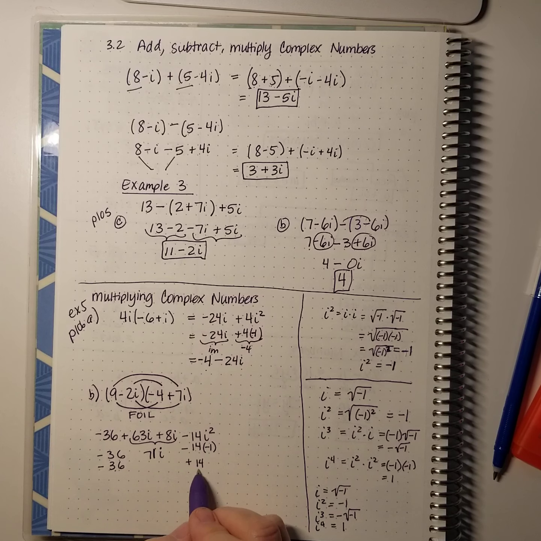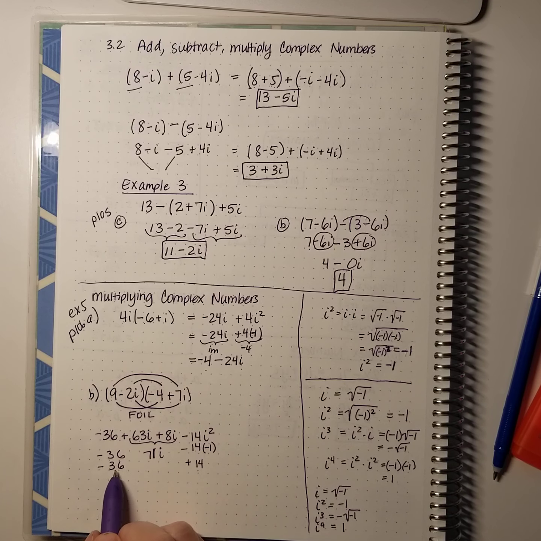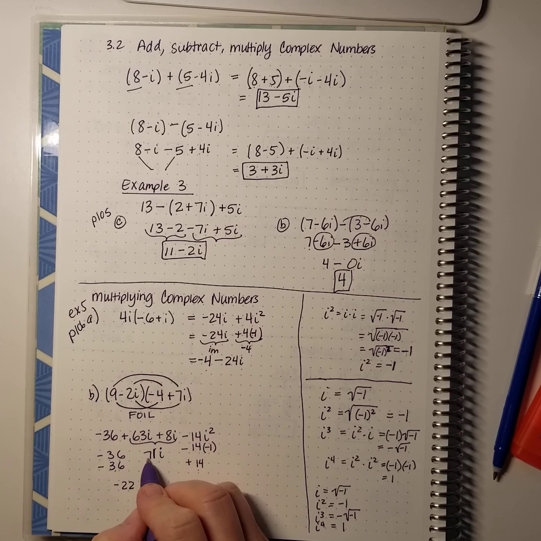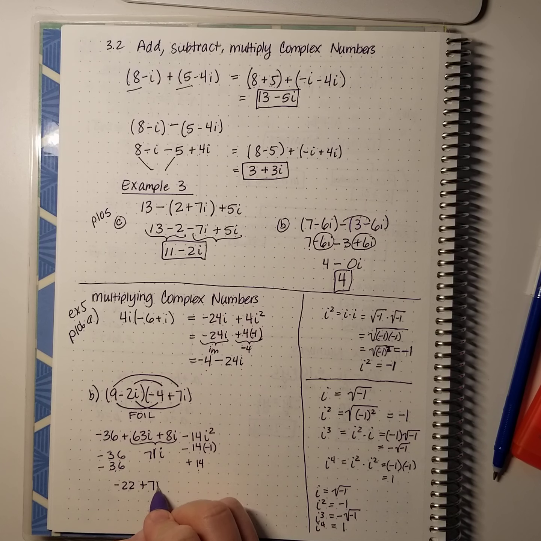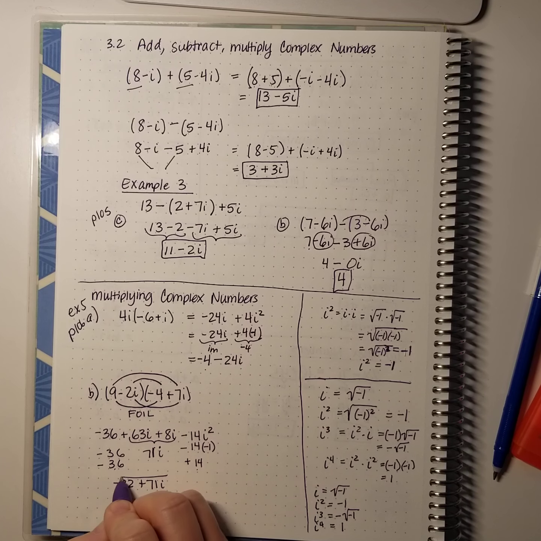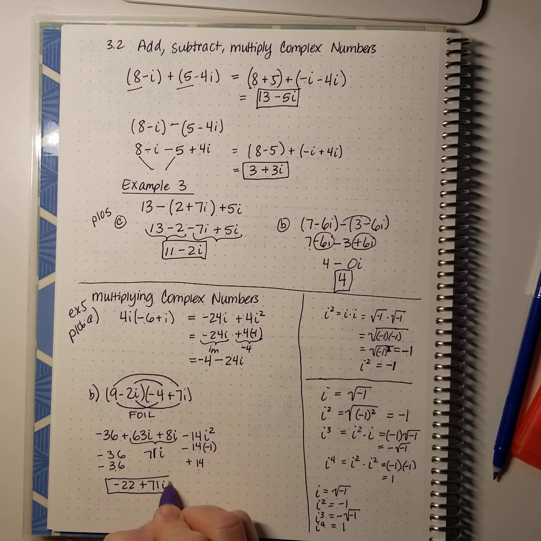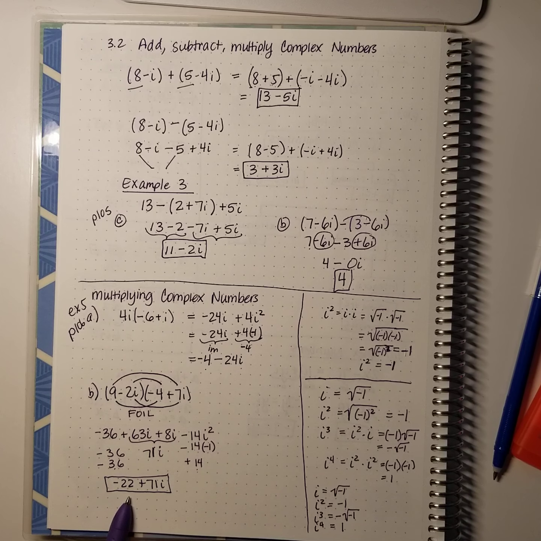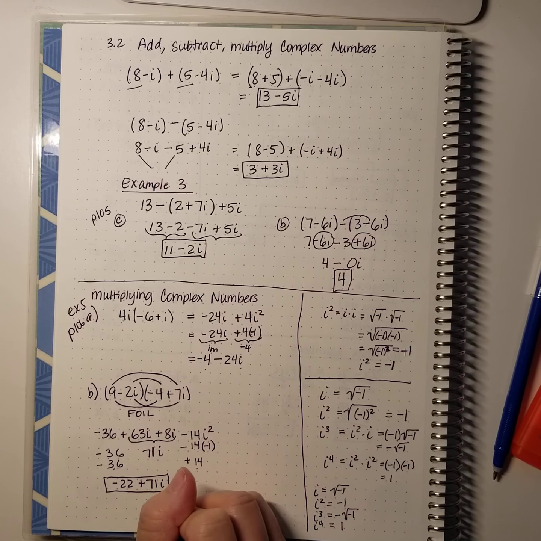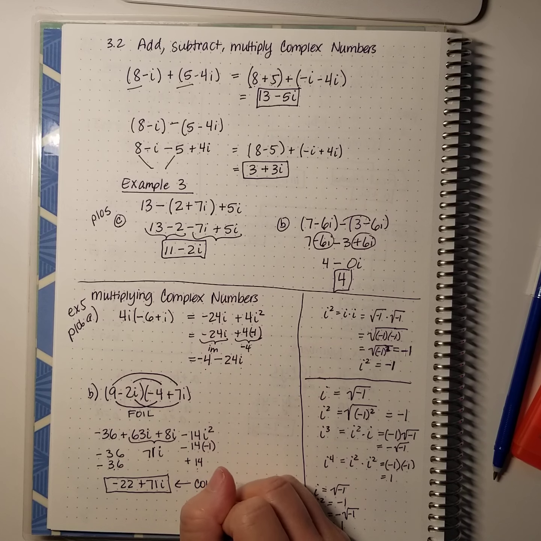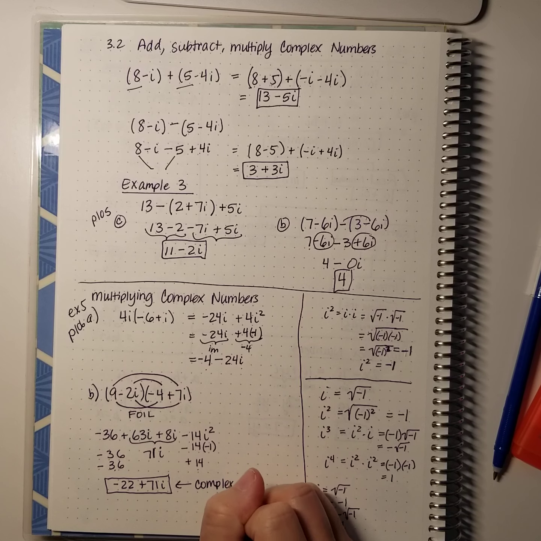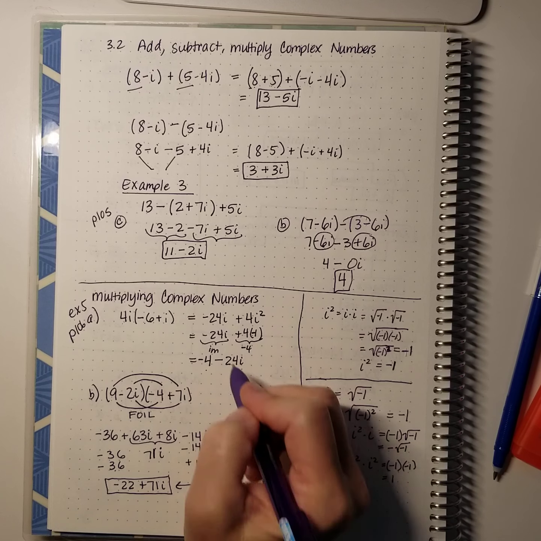We want to combine those real parts. And so we'll end up with negative 22 here. We'll bring our 71i, that's all positive. And so when we multiply two complex numbers, we generally end up with a single complex number, just like we did here.